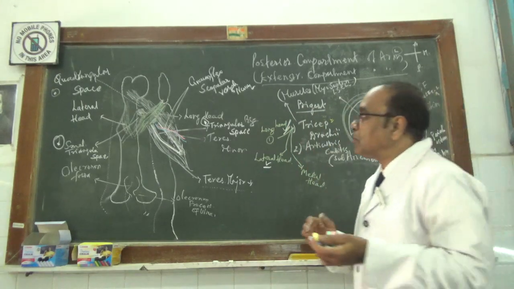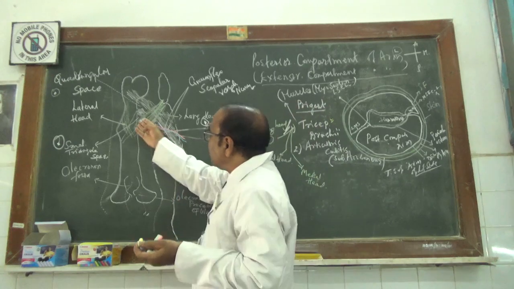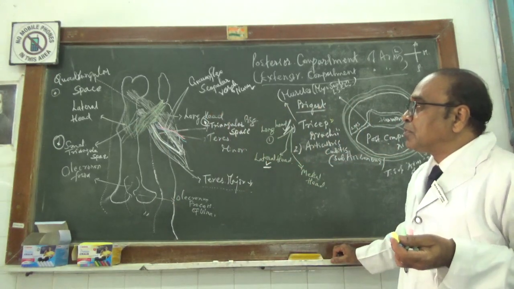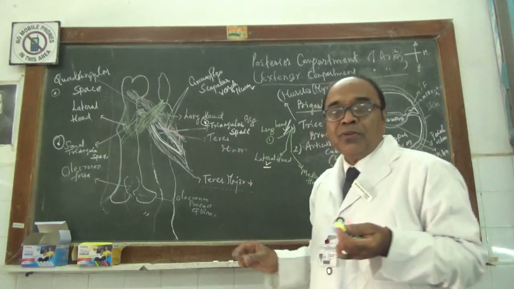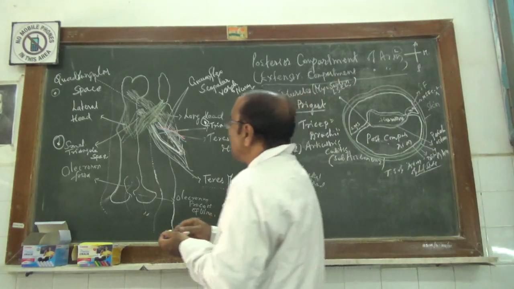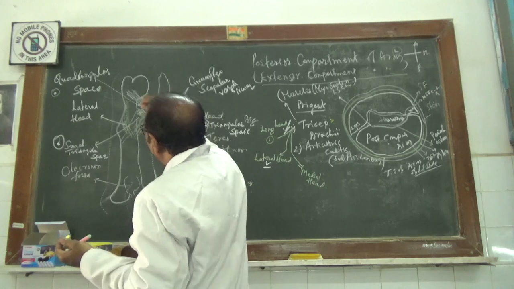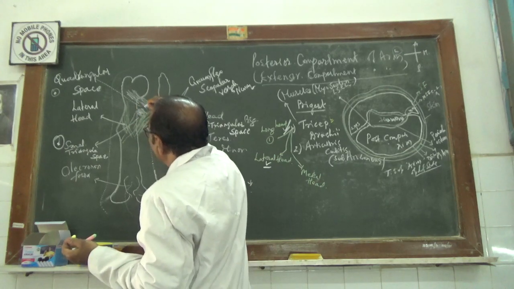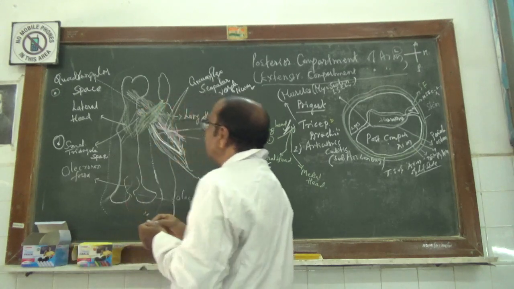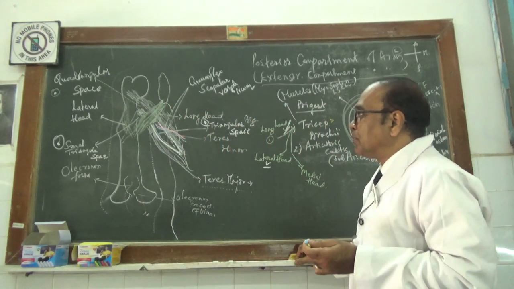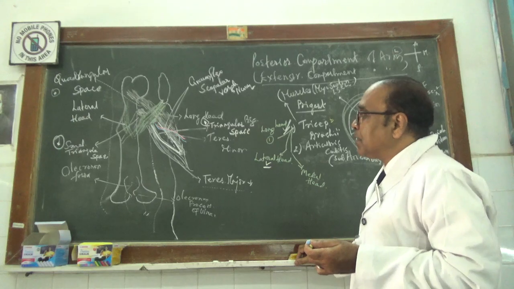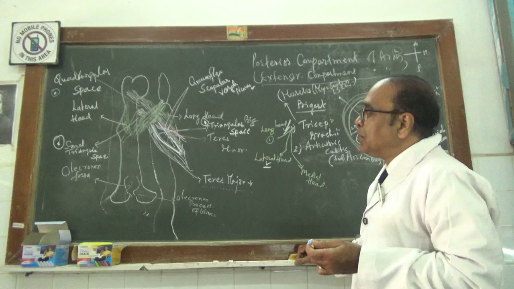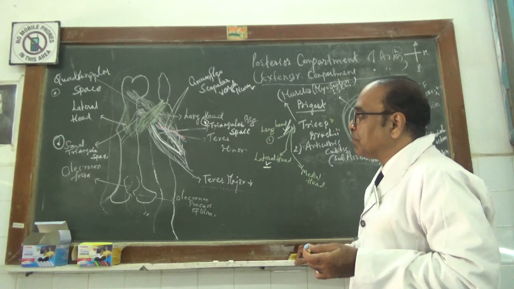Now you will get another very small space. That small space is a triangular space, present below and lateral to the quadrangular space, and above and lateral to the big triangular space.